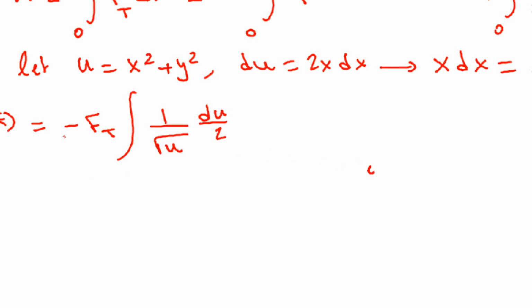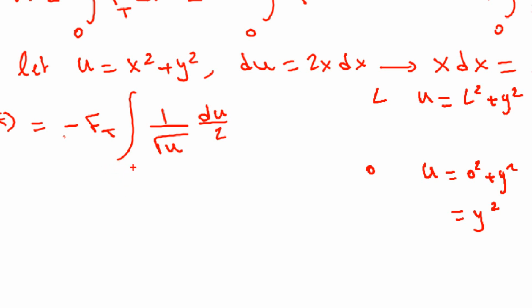This was supposed to be 0 and L. Now we can determine the new boundaries by considering the change of variable. So in this case, u would be given by 0 square plus y square, which is basically y square. And u equals L square plus y square. So here, if we need to place the boundaries, they would be y square and L square plus y square.